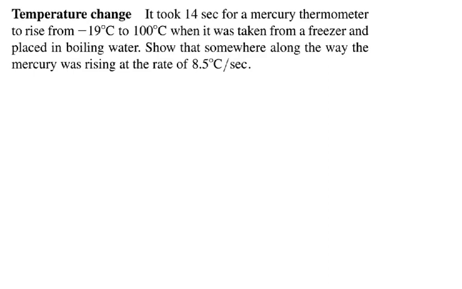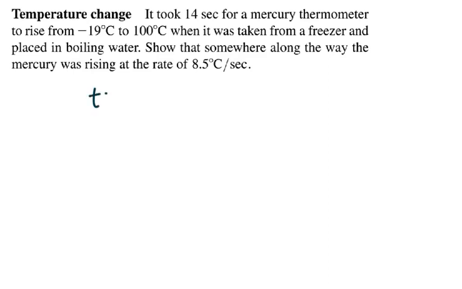And so we can do this very easily if we use the mean value theorem. Because if we can show that there's a slope between t equals 0 and t equals 14 that's equal to 8.5, a positive value, then we know that somewhere between 0 and 14 that slope of the tangent line would have also existed.